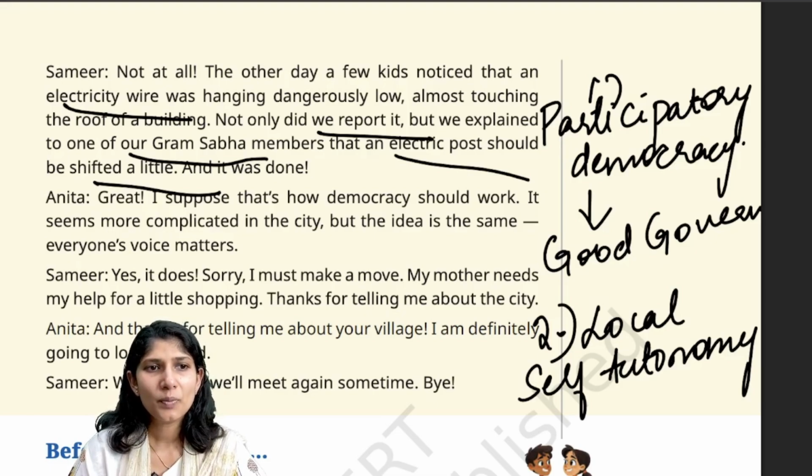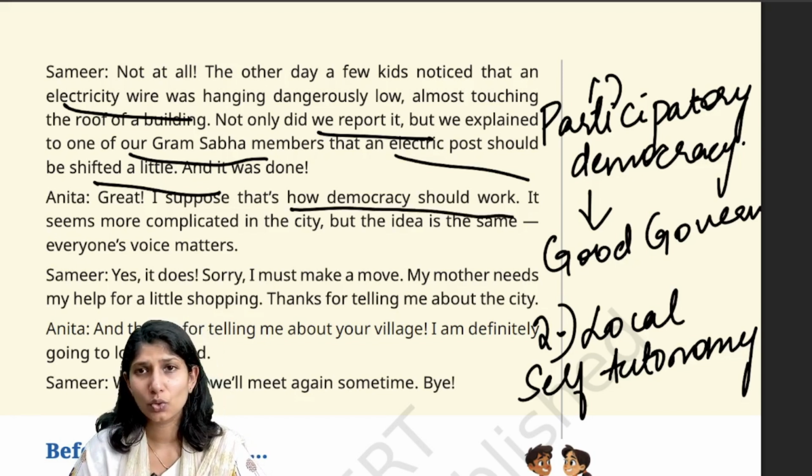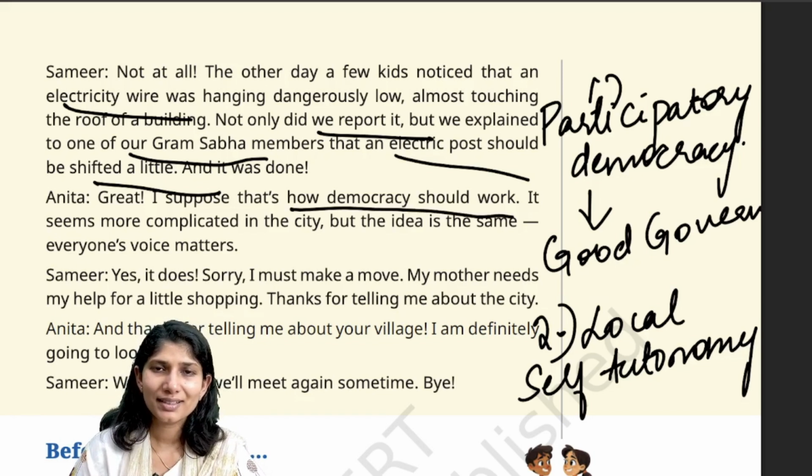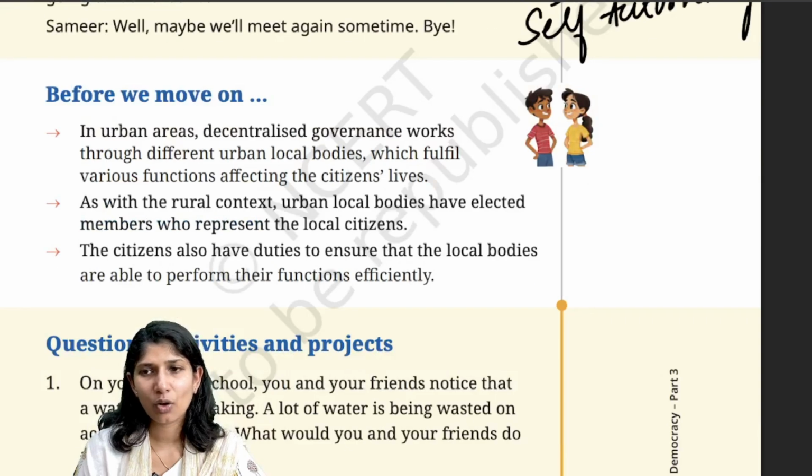So both are now agreeing to one aspect: this is how a democracy is supposed to work, whether in an urban area or a rural area. So this showcases the similarities and differences of your local self bodies.